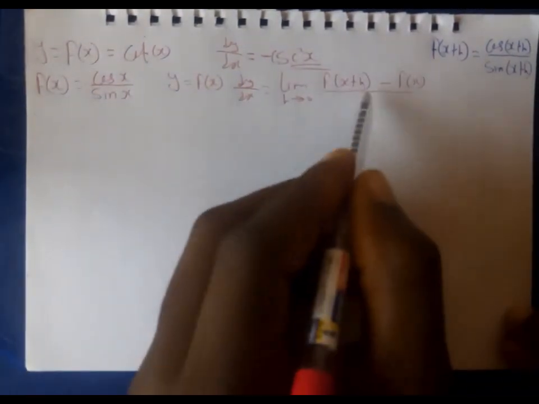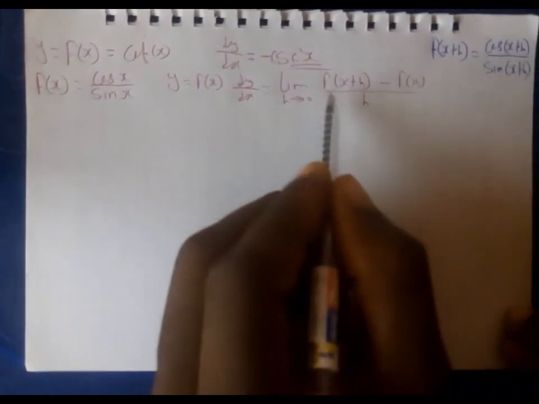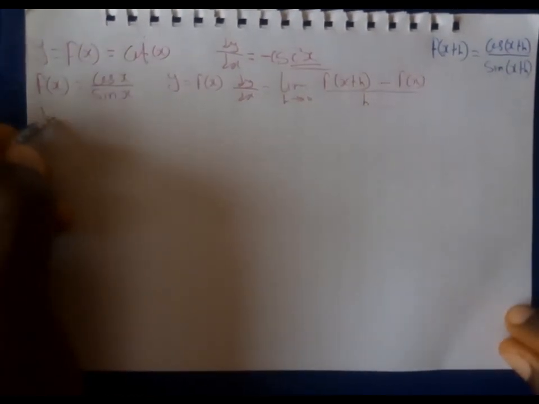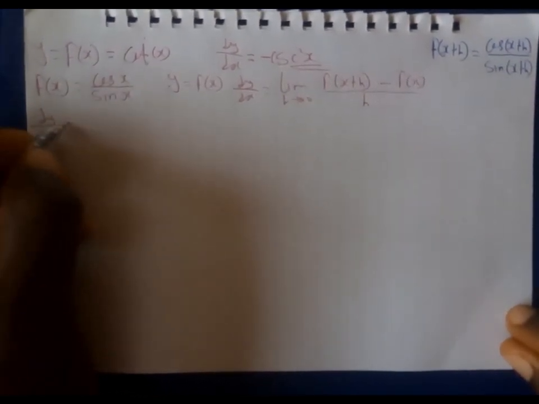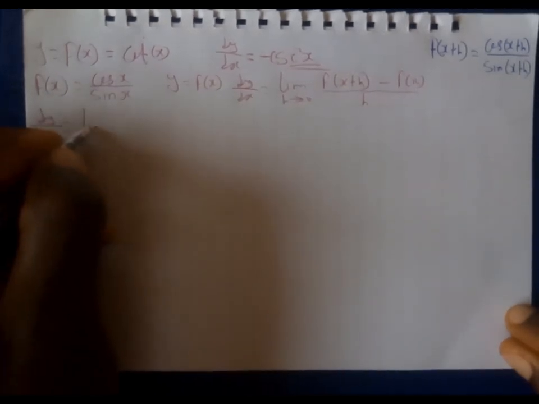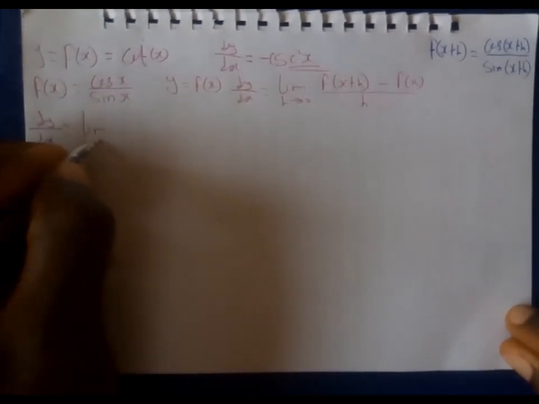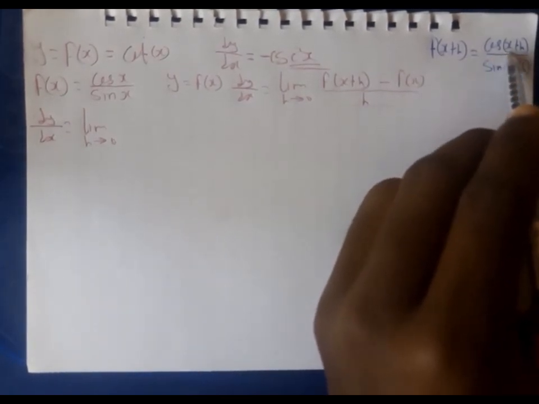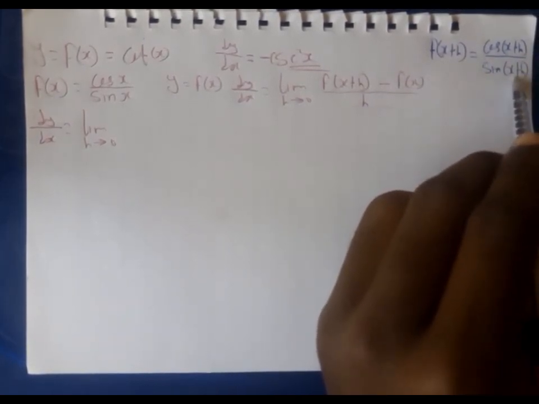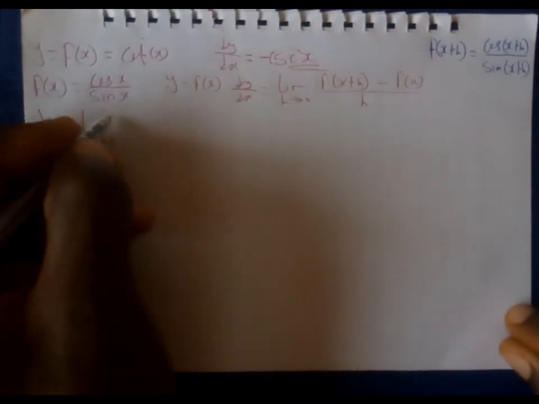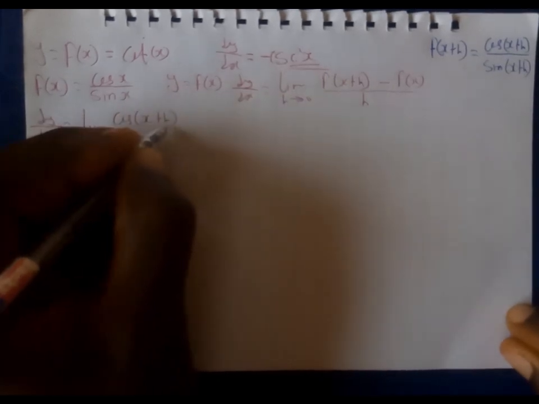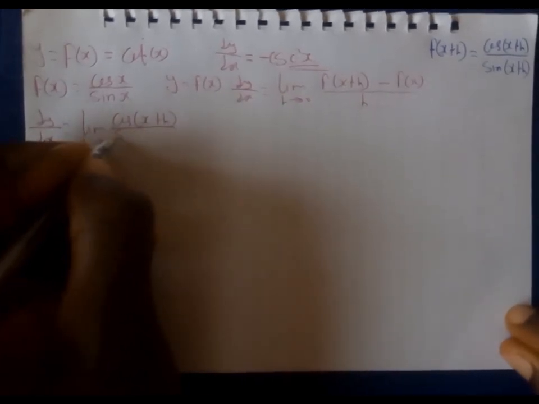So therefore, we can plug the corresponding values into this definition of derivative formula. So dy/dx is now equal to the limit as h approaches 0 of f of x plus h. We said that is cosine of x plus h divided by sine of x plus h.